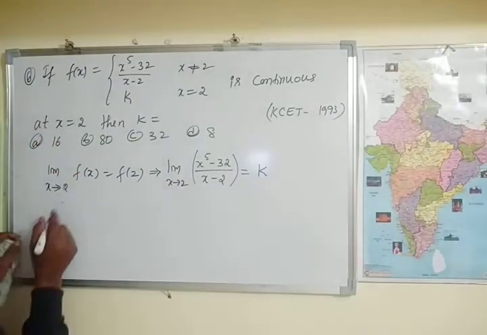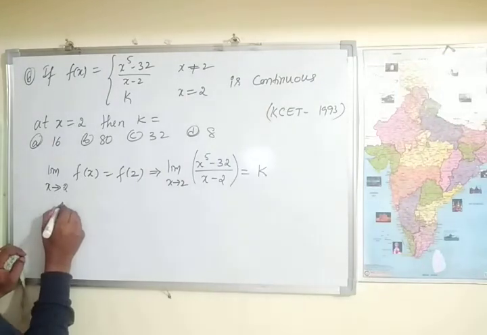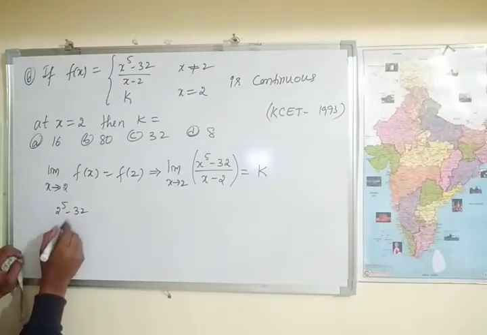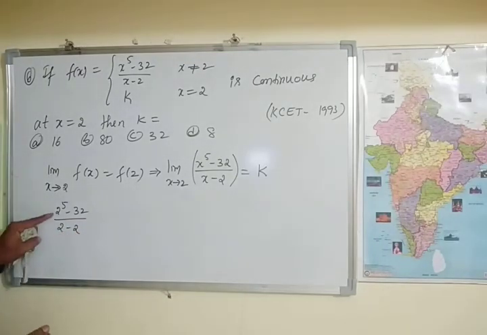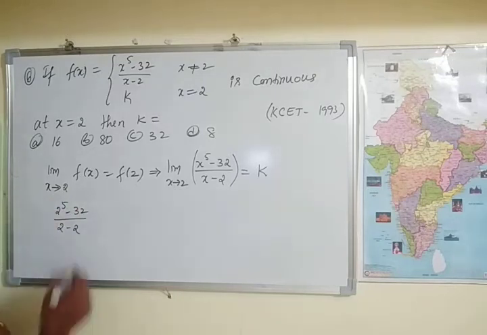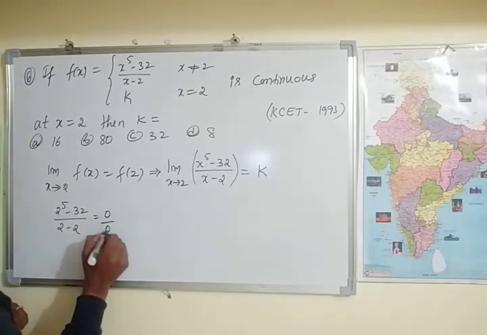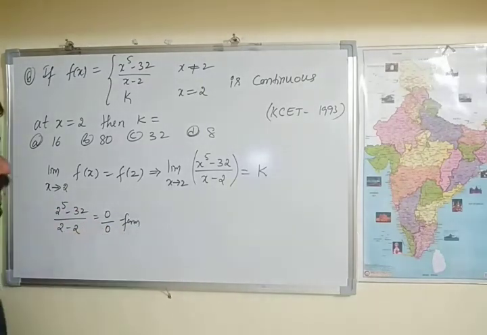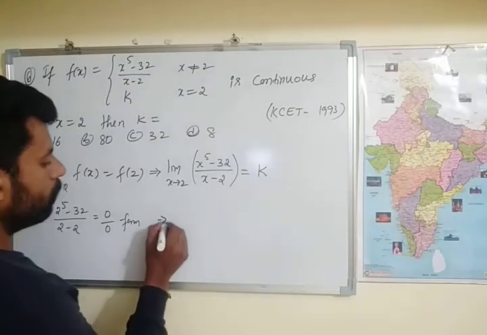We get 2 to the power 5 minus 32 divided by 2 minus 2. See, 2 to the power 5 value is 32, 32 minus 32 is 0, 0 divided by 0 form. This is an indeterminate form. Here we can apply L'Hospital rule. Now apply L'Hospital rule.